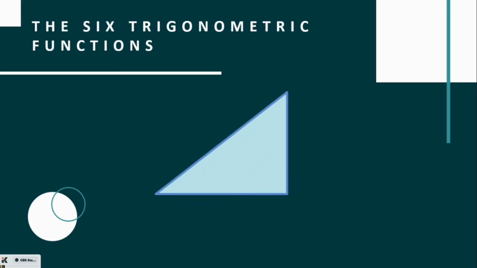Now consider a right triangle ABC with the right angle at C and with side lengths a, b, and c. For the acute angle A, let us call the leg BC the opposite side, and the leg AC its adjacent side.